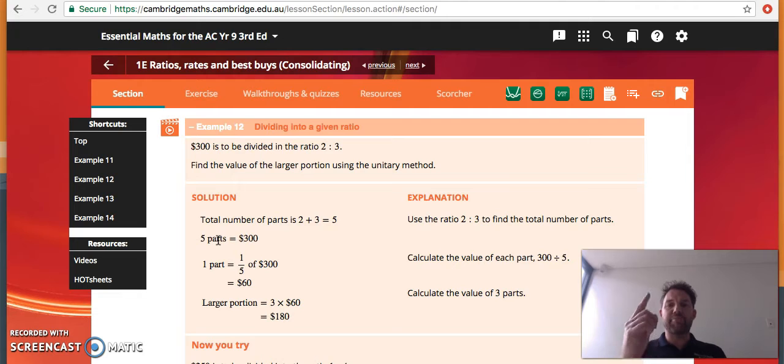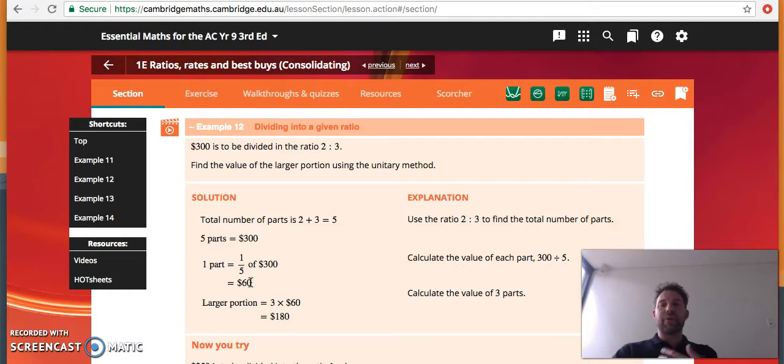We want to know how much one part is, and then we can divide it up into 2 to 3. So one part is 1/5 of $300. So we do the 300 divided by 5. 300 divided by 5 is 60.